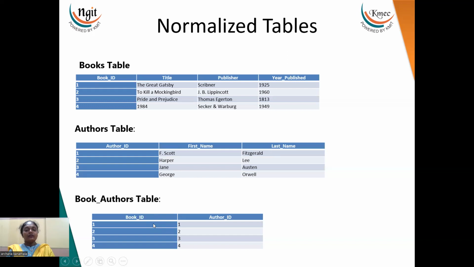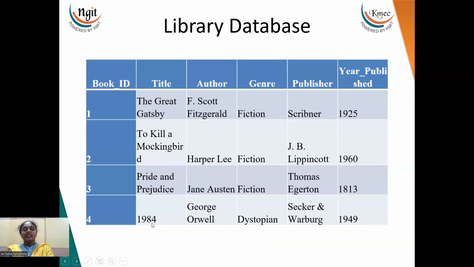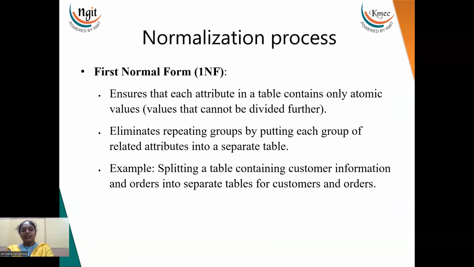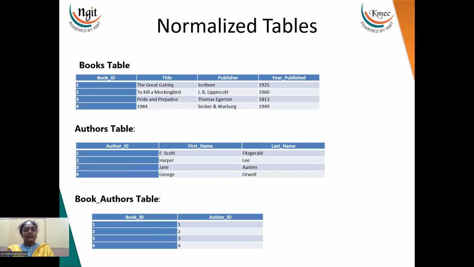So after undergoing various phases or a series of the normalization process, this single library database is decomposed into three different tables, that is a books table, author table, and a book authors table. So the book authors table here is a relationship.